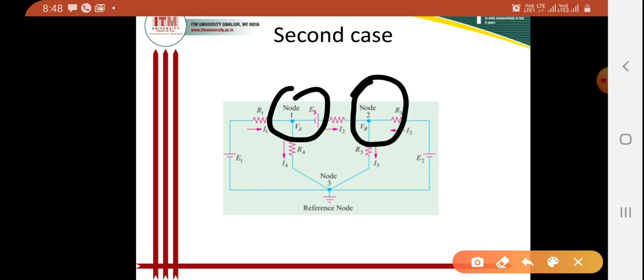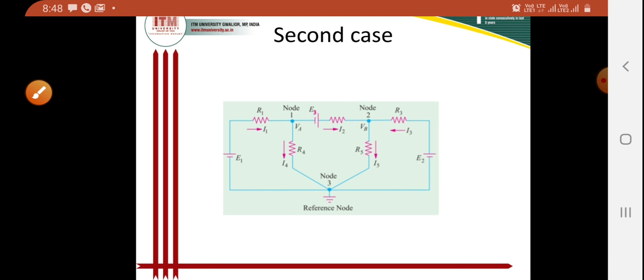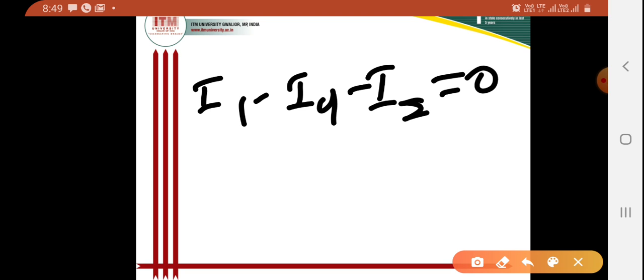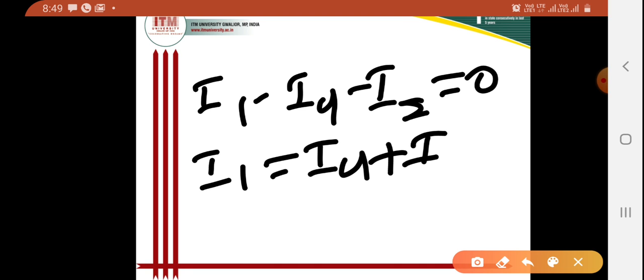For node 1, I1 is equal to I4 plus I2. So this is as per KCL I am writing.